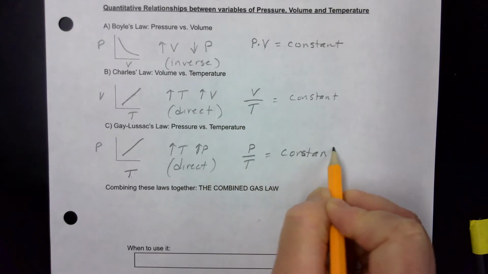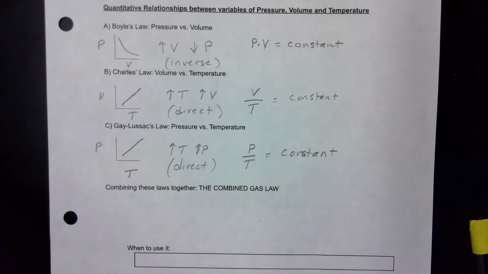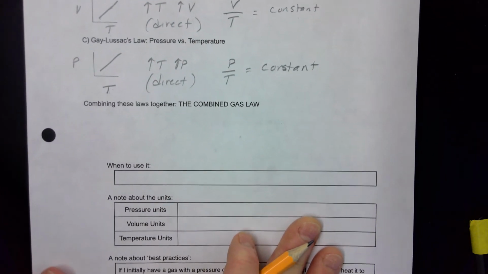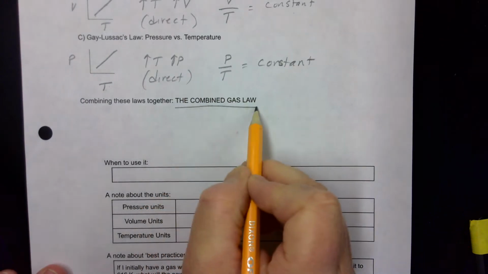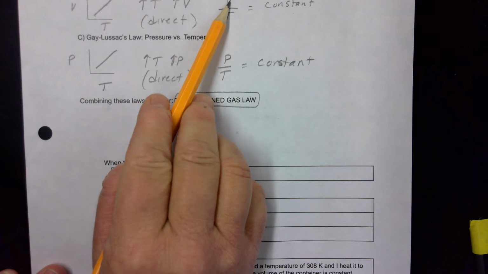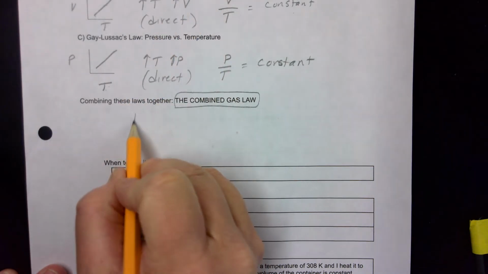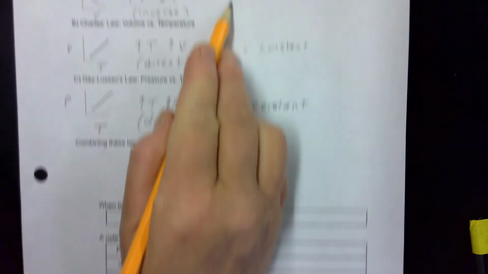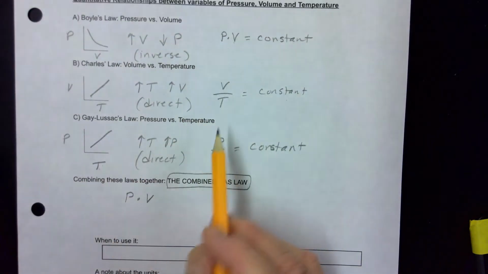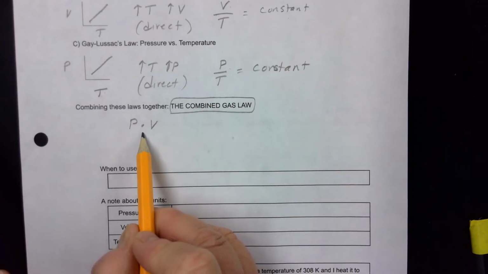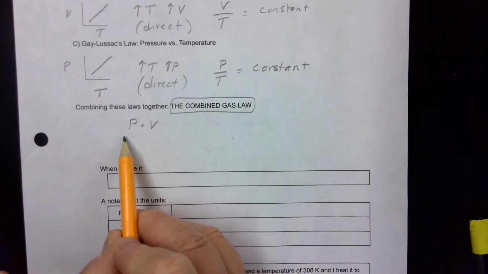So we're going to be able to take advantage of that and put them together in what is called the combined gas law. And notice that we have pressure and volume in the numerators, right? So if we do pressure times volume, they're being multiplied up here, and we have volume and pressure in the numerator of both of these fractions, we are going to put pressure and volume in the numerator.